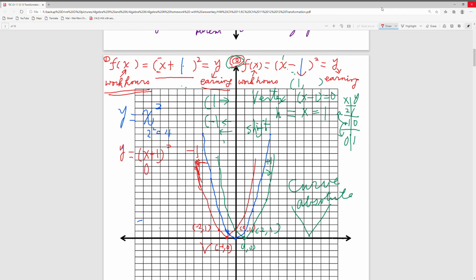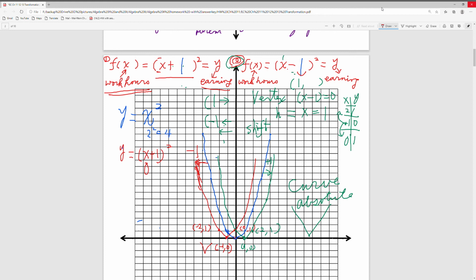Even though you work for 0 hours, you still earn 1 hour of income. Before, on the blue color, if you work for 0 hours, you earn nothing. But right now, you work for 0 hours, you earn what? On the red graph, you earn $1 already.